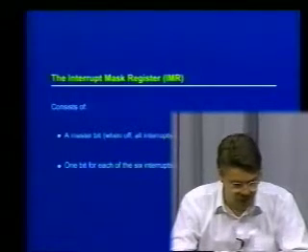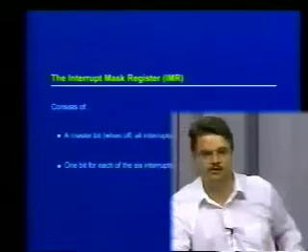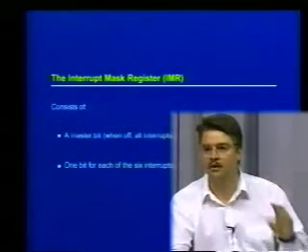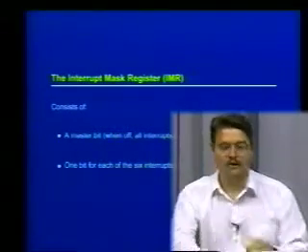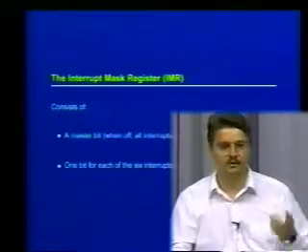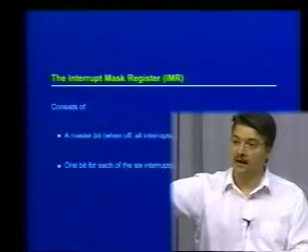Now, for a moment, imagine that we don't model this mask register. So when we build the control flow graph, imagine that there will be no information about this register in the graph. Now, let's say that an interrupt arrives at a certain point. So control goes to the beginning of the handler.